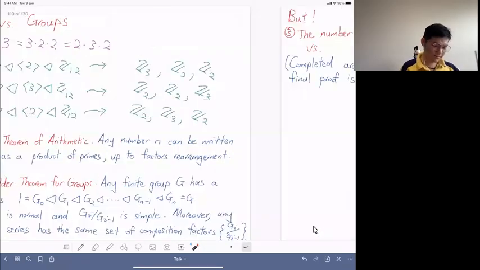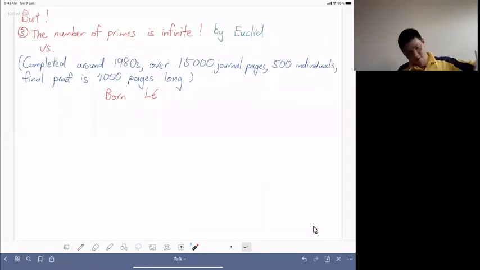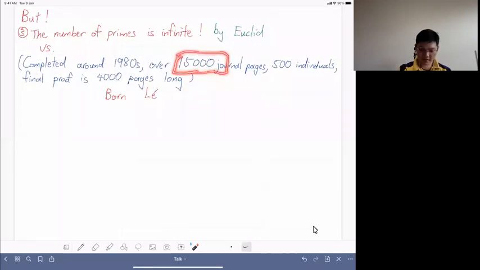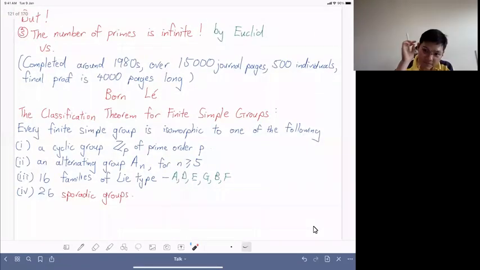So next. It was proven by Euclid, using the plus-1 proof, that the number of primes is infinite. Of course, this is also true for the finite simple groups. But around the 1980s, spread over 15,000 journal pages and 500 individuals, and with a final proof of 4,000 pages, the classification of the finite simple groups was proven.